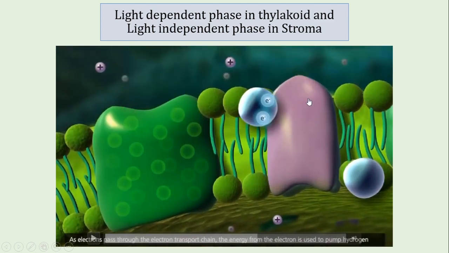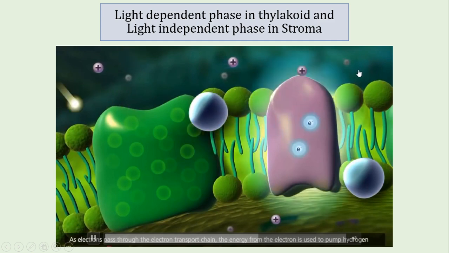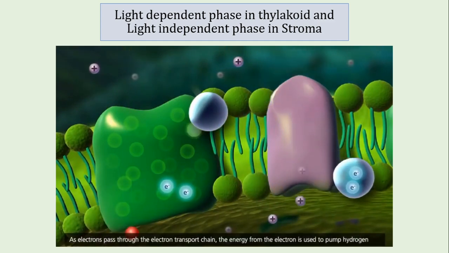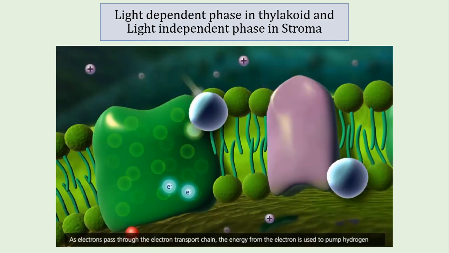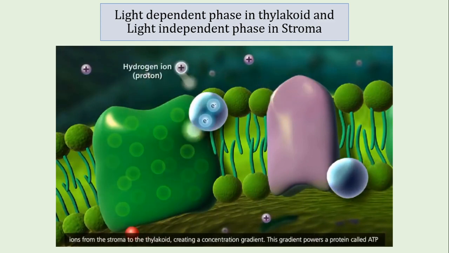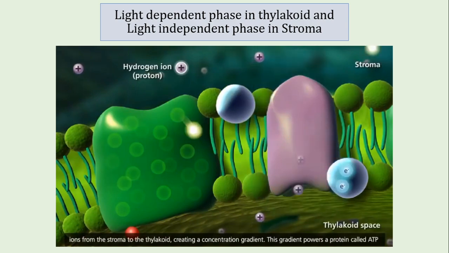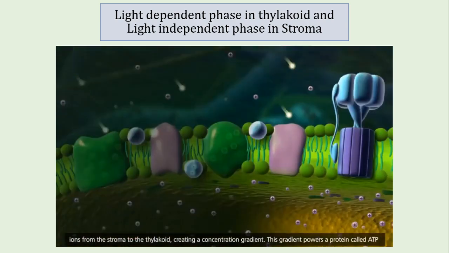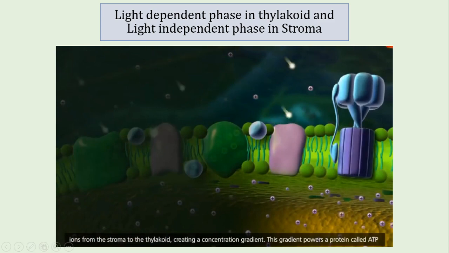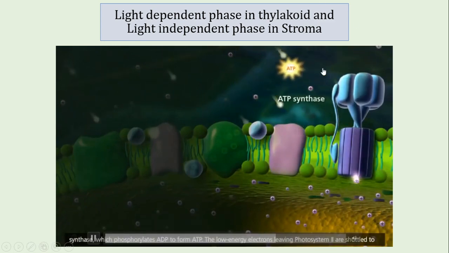Now the electrons will travel through the electron transporting molecules or carriers, and ultimately will reach the NADPH reductase. As electrons pass through the electron transport chain, the energy from the electrons is used to pump hydrogen ions from the stroma into the thylakoid, creating a concentration gradient. This gradient powers a protein called ATP synthase.